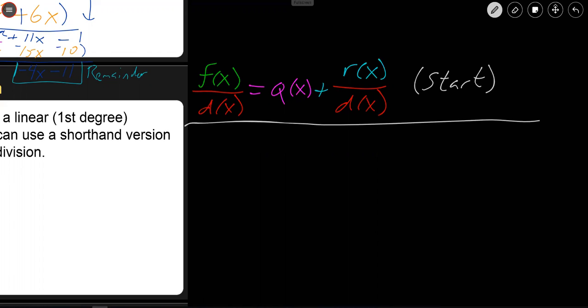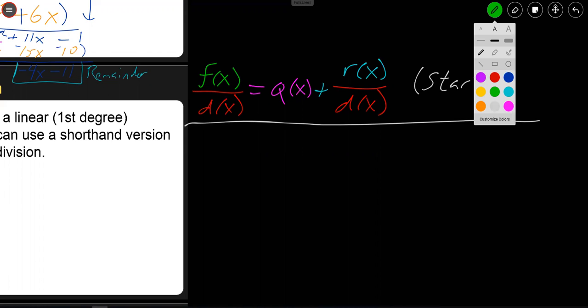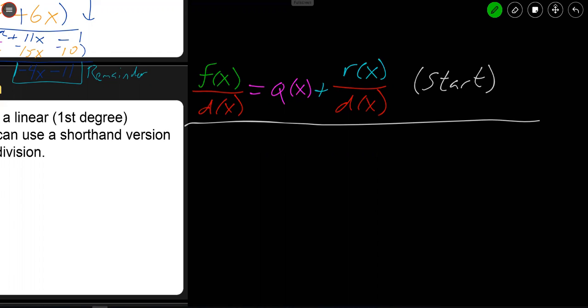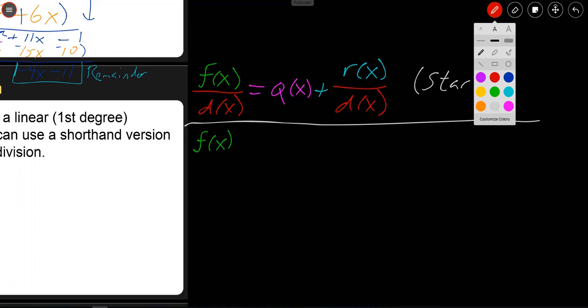So let's go ahead and replace our divisor, d of x, with an actual form that represents it, in this case of synthetic division.